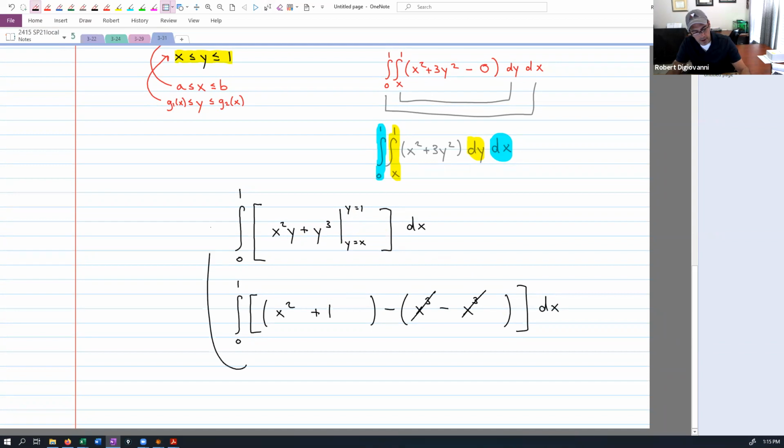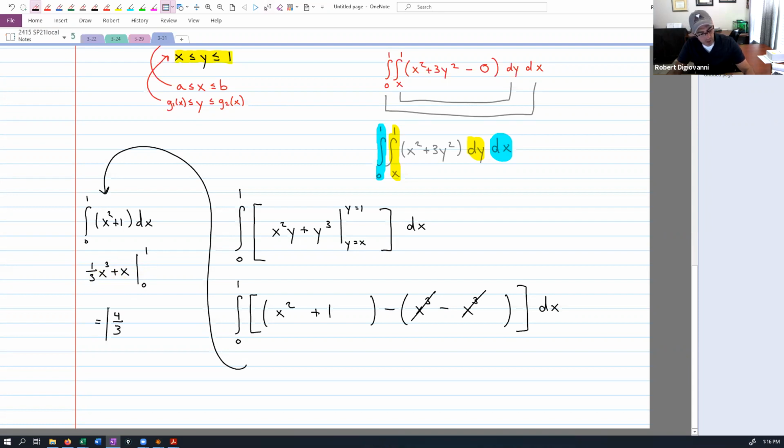So now we have integral from 0 to 1 of x squared plus 1 dx. That can integrate easily, 1/3 x cubed plus x evaluated from x equals 0 to 1. And if we plug 1 into this, we should just get 4/3.